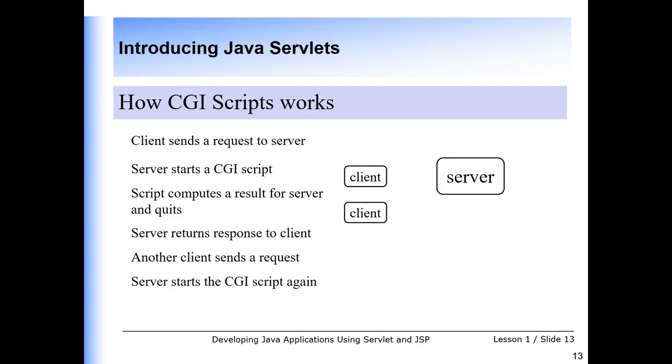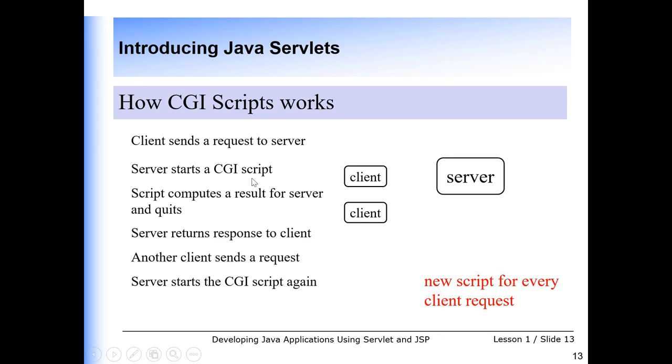Server starts the CGI script again. It means every time a client sends a request to server, server creates a script for each and every user. So that was the working of CGI: a new script, and a new process, for every client request.